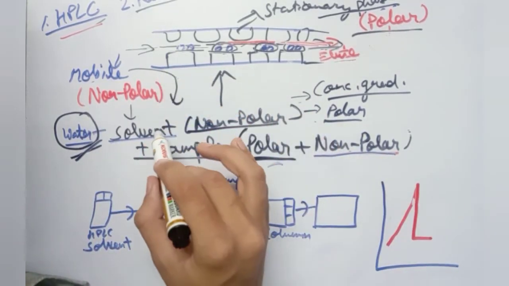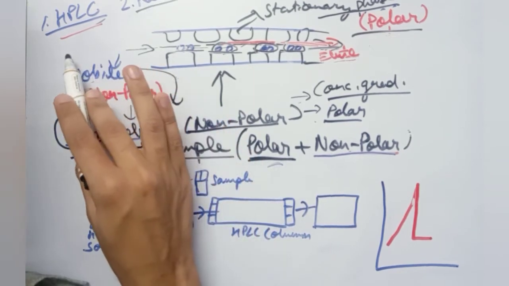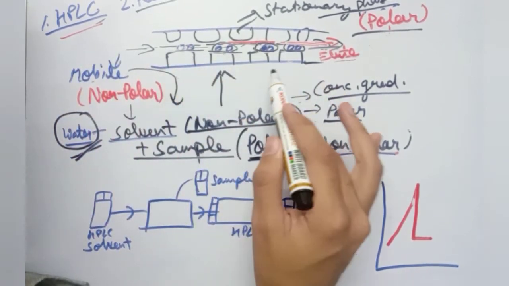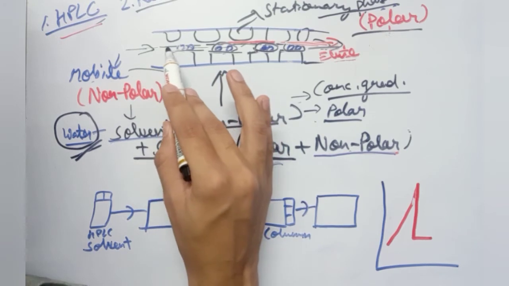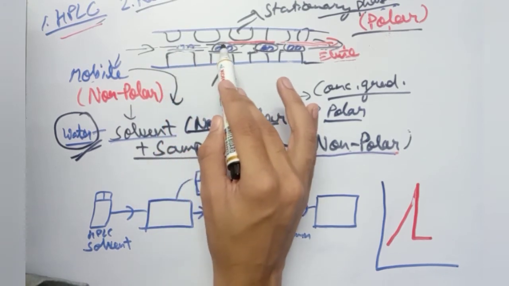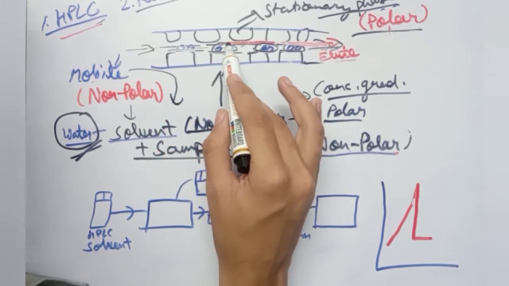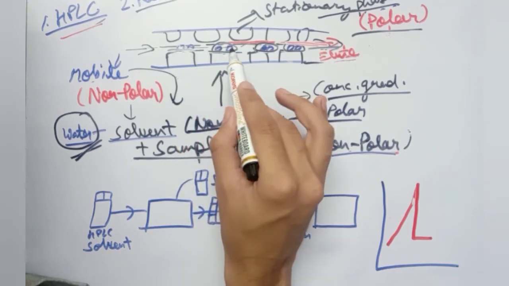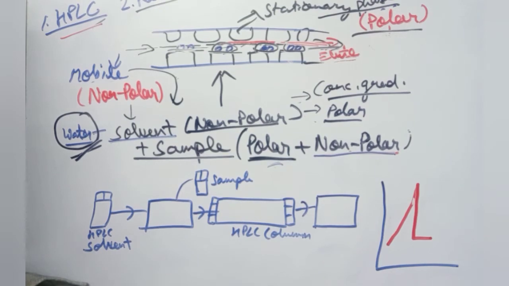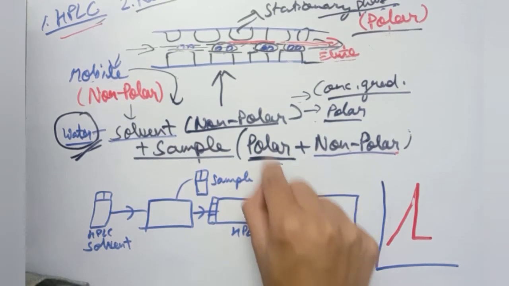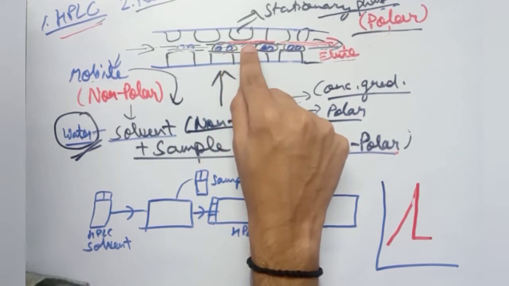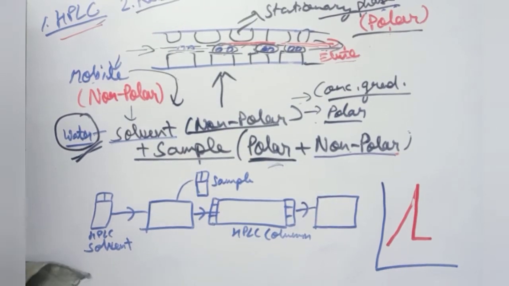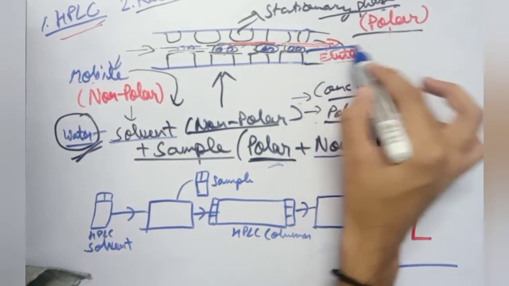So when this solvent, which is the mobile phase, is carried through this HPLC column, it breaks the bonds between these two polar components. And as it breaks the bonds between them, the polar component of the sample easily gets eluted out.